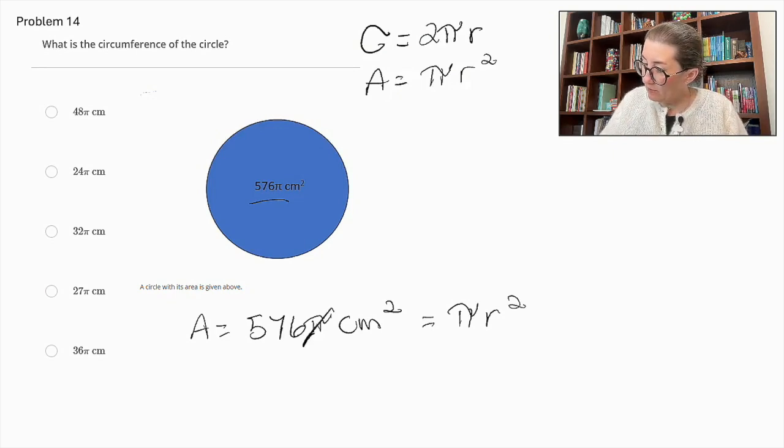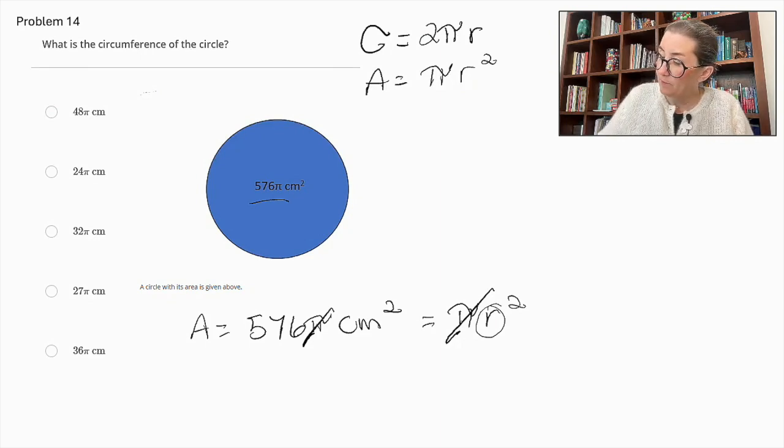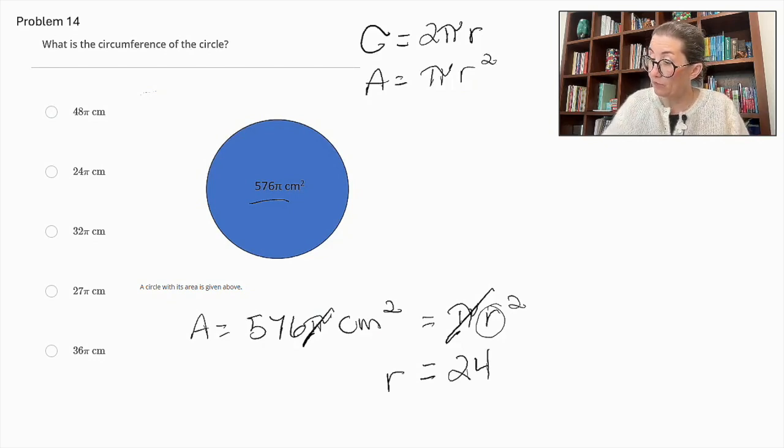So we can take pi out, and we need to find the square root of 576, so we can isolate r. And that is, using our calculators, 24. R equals 24. So now we can plug that into the formula for the circumference.